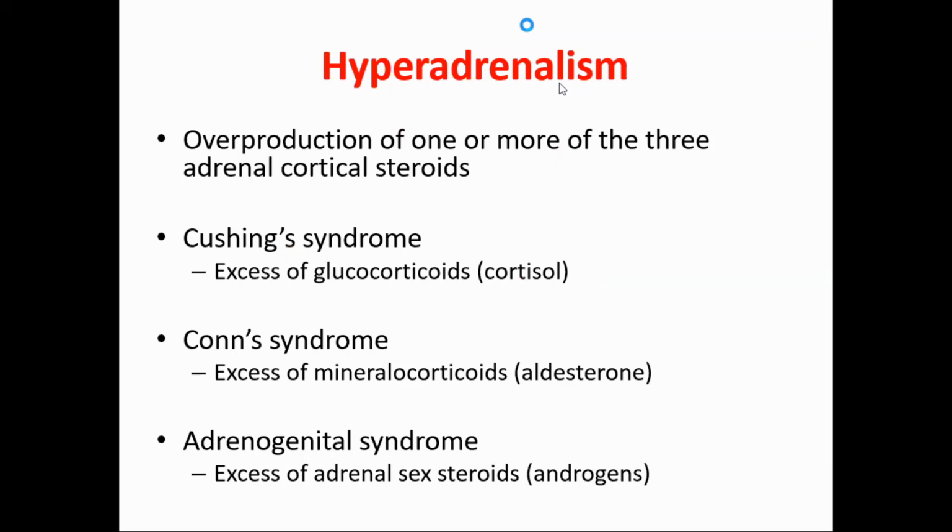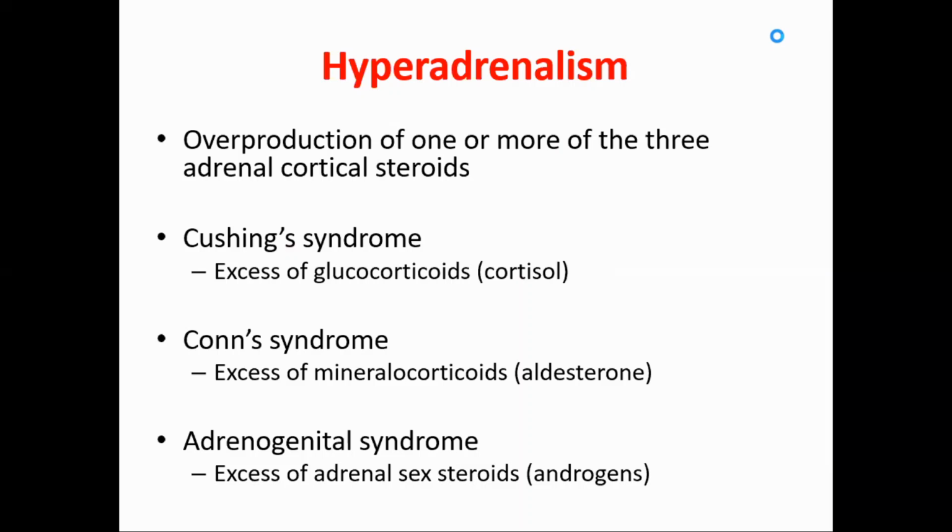In case of hyperadrenalism, there is excess production of one or more of the adrenal cortical steroids. In case of Cushing syndrome, there is excess cortisol production, that means excess of glucocorticoid. In case of Conn syndrome, there is excess of aldosterone.